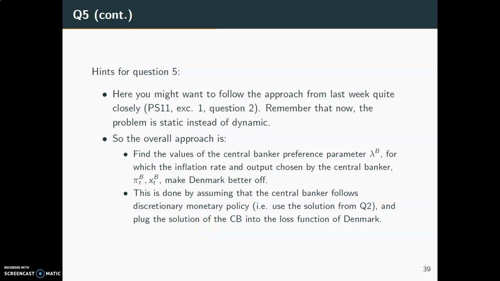So you let lambda b decide the discretionary policy carried out by the central banker, and then you plug those equilibrium outcomes into the loss function of the candidate that has the lambda d preference parameter. Okay, but again, you can follow the approach from problem set 11, exercise 1, question 2, or question B.